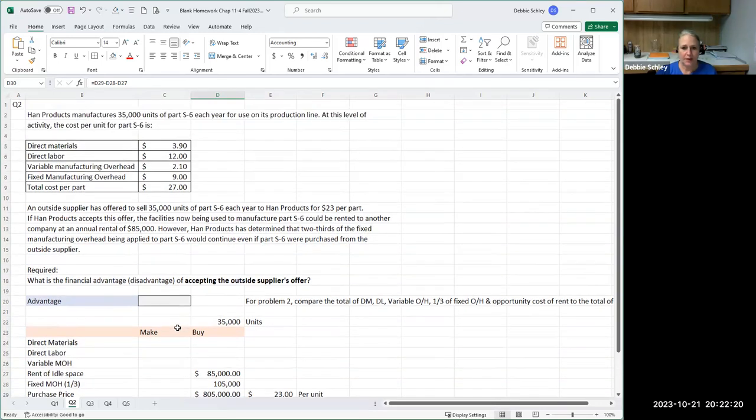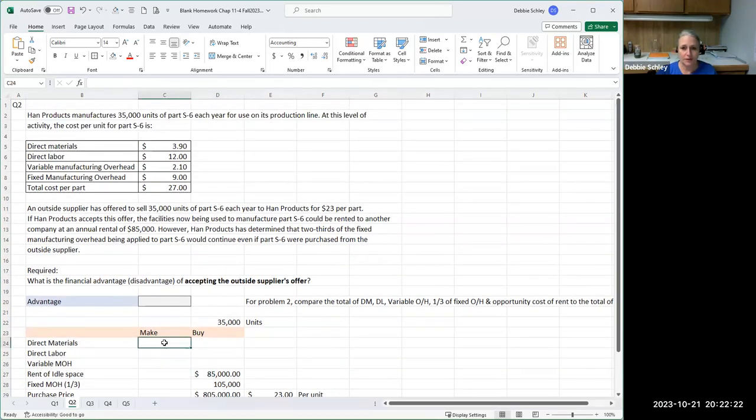Okay, now making it. We're again going to take our direct materials because that's part of it times the 35,000 units, and then our direct labor per unit times the units. And then our variable manufacturing overhead times the units.